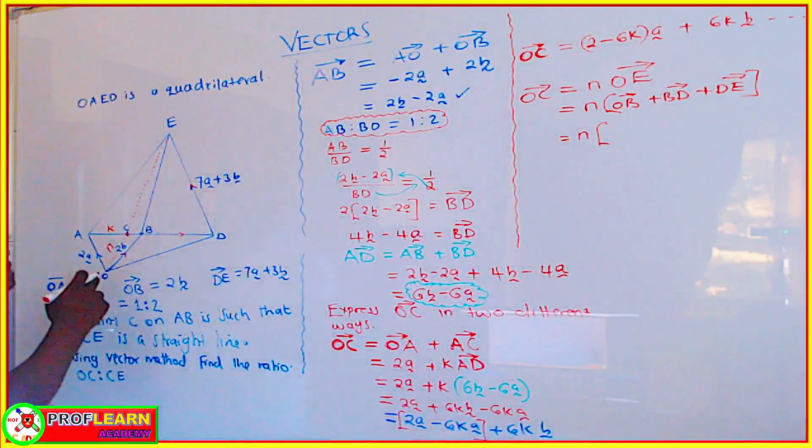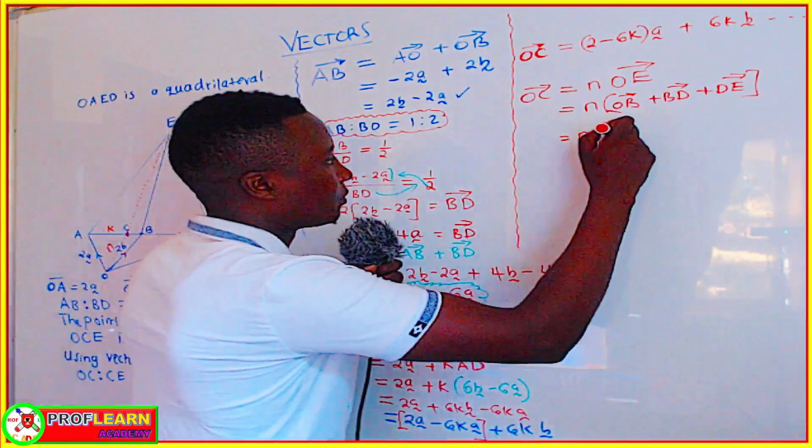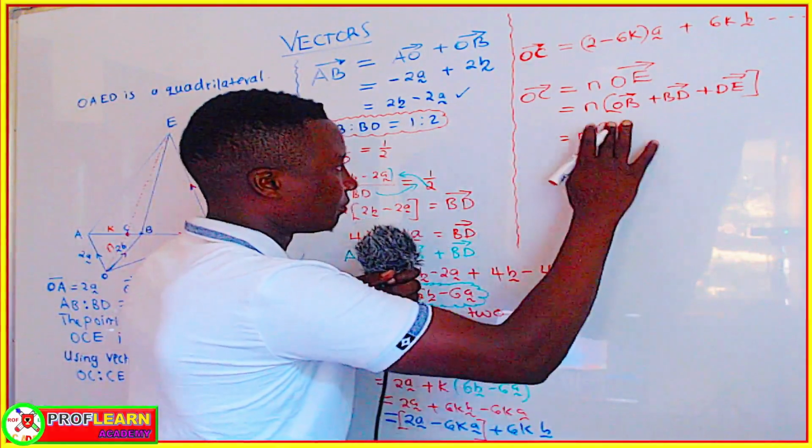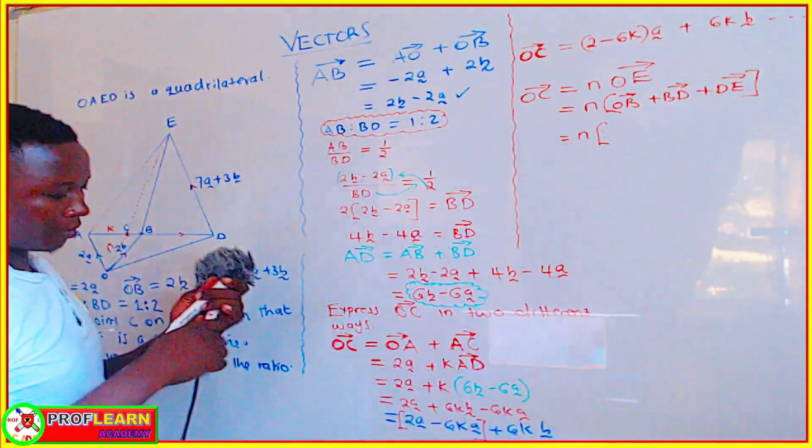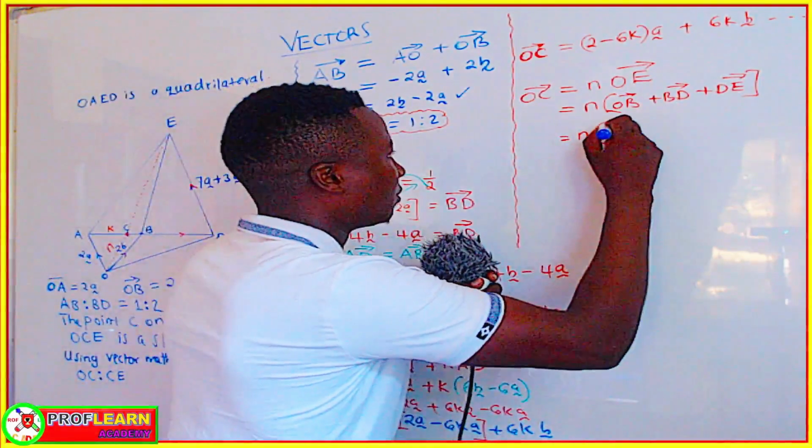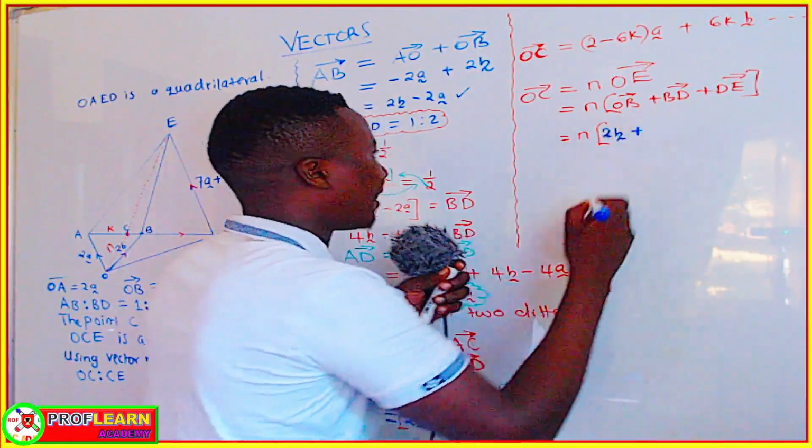OB, we have it, is 2 vector B. OB, we know it is 2 vector B, plus BD.